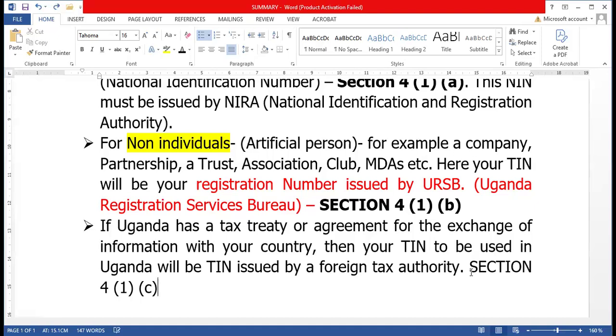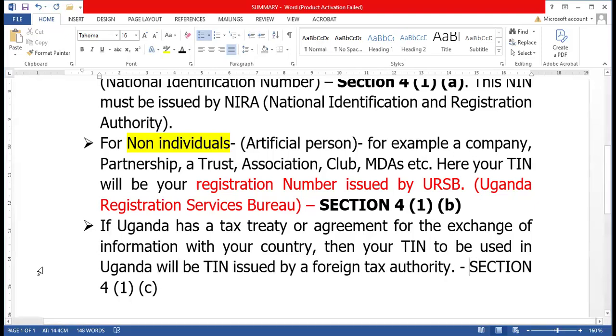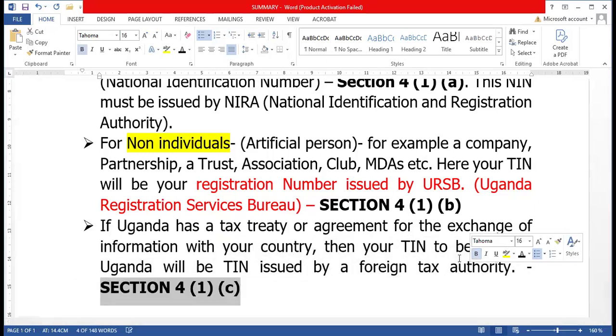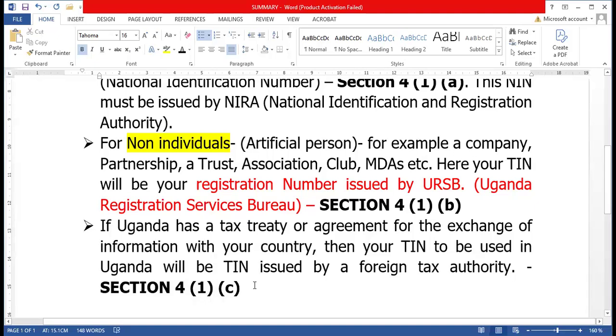Okay, so this section is applicable to foreigners. It could be an individual, it could be a non-individual.